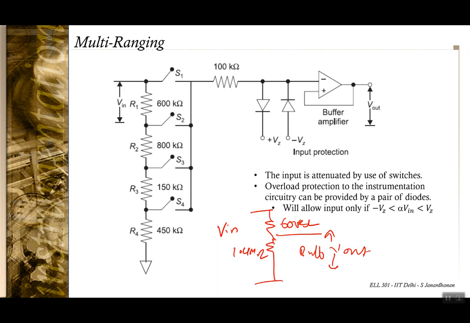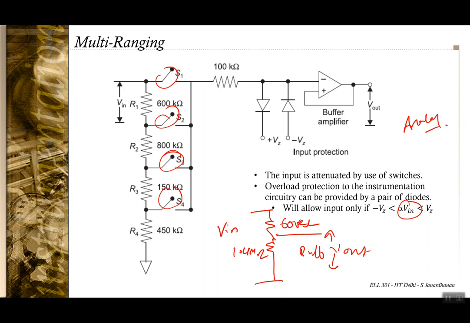Basically you are using a voltage divider circuit, and the output voltage, a scaled version of Vin, is given into the buffer amplifier, and the appropriate reading can be scaled up depending upon whichever switch is being used. This sort of attenuation and measurement is also possible in the multi-range voltmeters or multi-range ammeters that we had in analog meters.